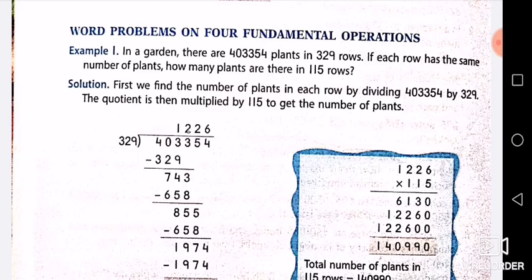These two fundamental operations we are going to use right now in this example. First, division to find how many plants are there in one row, and then multiplication. Fine, got it? So, let us do this question. See children, the statement is not given in the book. So, we are going to frame the statement in an easy way.